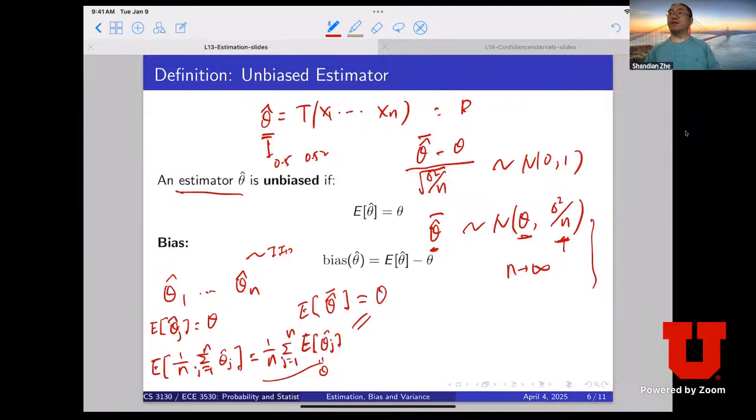Does it make sense? Question? If your estimator is biased, your mean is not necessarily theta, the ground truth. It could be theta plus some gap. Even if you do a million rounds of experiments, making the variance very tiny, the average of those estimators will still have a significant gap from the ground truth.